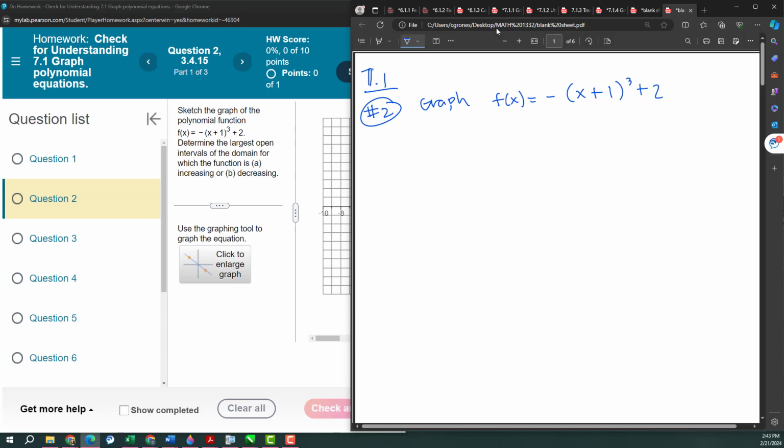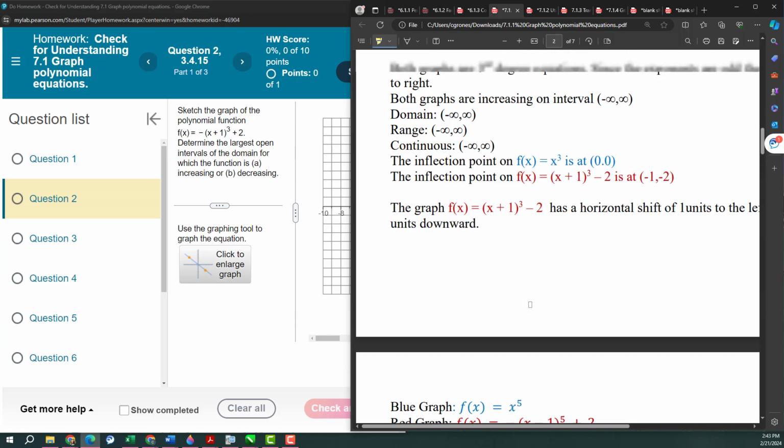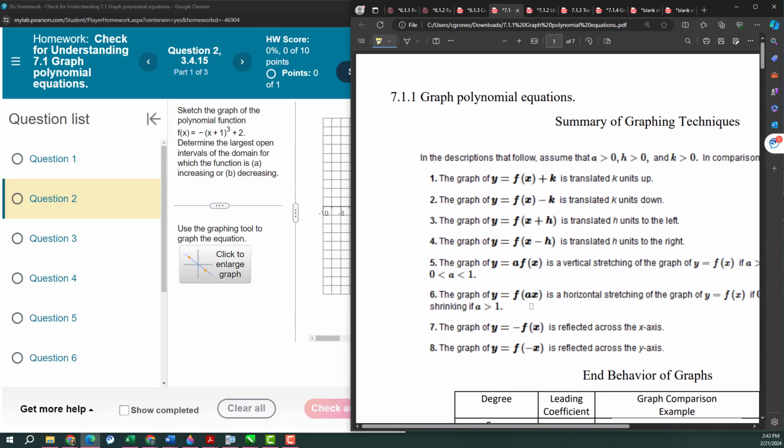So if you look at your summary, I think it's up here, this will tell you everything that you need to know. We know that we have a negative f of x, so it's going to be reflected across our x-axis.